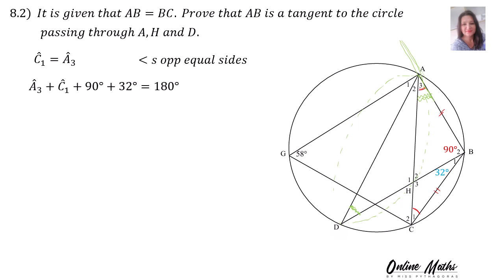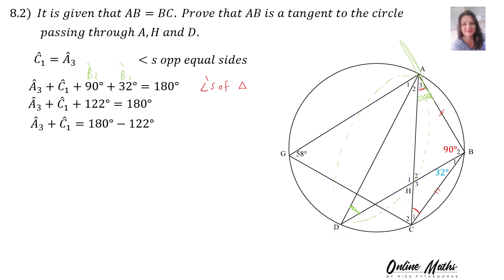Then we can say that angle A3 plus C1 plus B2, which is 90, plus the 32, which is B1, are all 180, and your reason is angles of a triangle. So we can add 90 and 32, we end with 122, let it walk across, subtract, so we end with A3 plus C1 is 58 degrees.